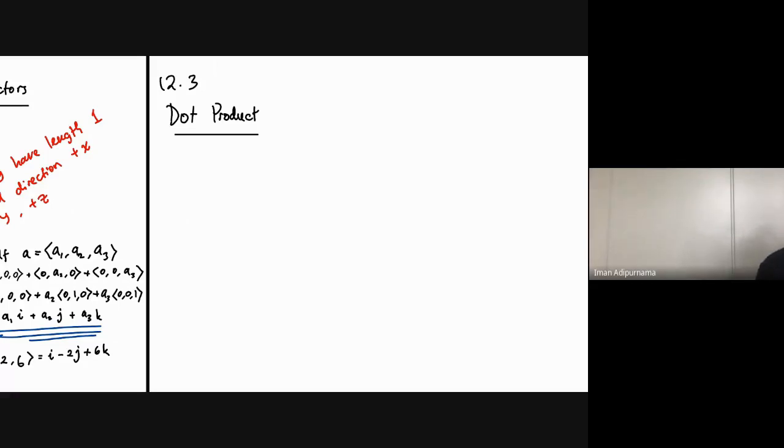If we have a vector A and we have C, let's say this is a scalar and this is a vector, we can multiply this easily, right? But what if we have A and B and both are vectors? What is the result? This is the question for the dot product.